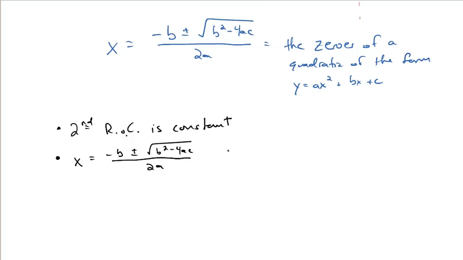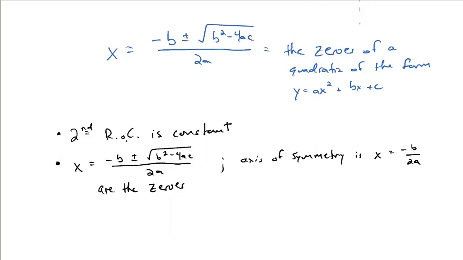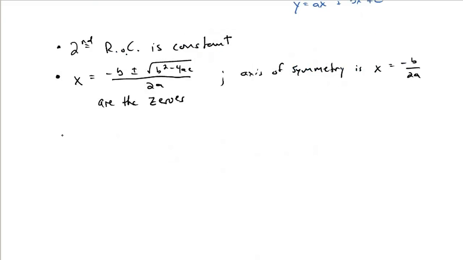And we have the axis of symmetry, which is x equals negative b over 2a. And then finally, we touched upon the idea of vertex form.